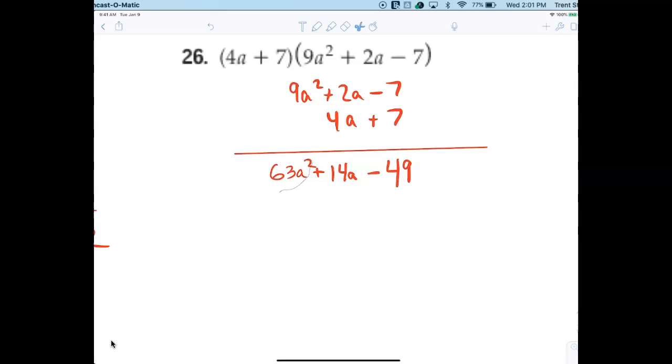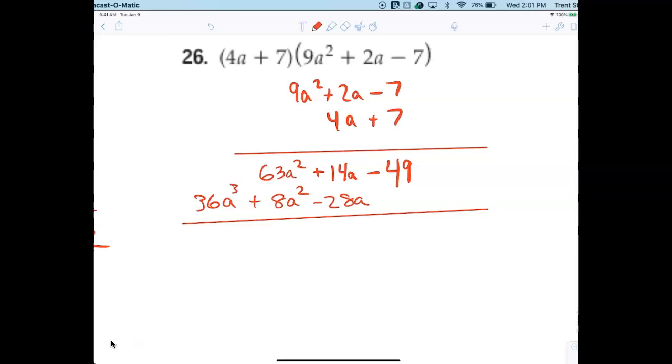Then, the next step, we're doing the 4a. 4a times negative 7, negative 28a. 4a times 2a, 8a squared. And then 4a times 9a squared, 36a to the third power. That's exactly correct.